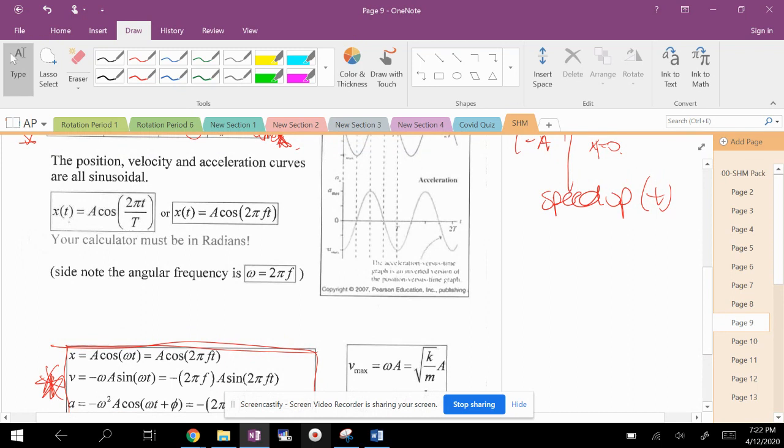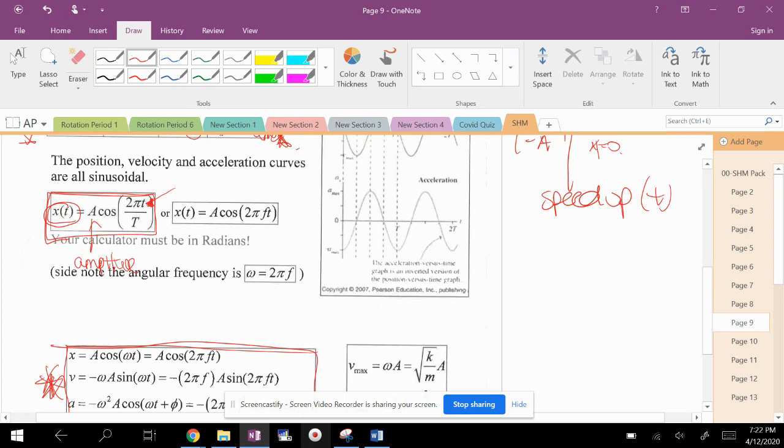just because I feel like this is a good stopping point. But what I do want to say is this is your equation for your position time graph. A means amplitude, and this is a function of time, which means that time is right here in this equation.